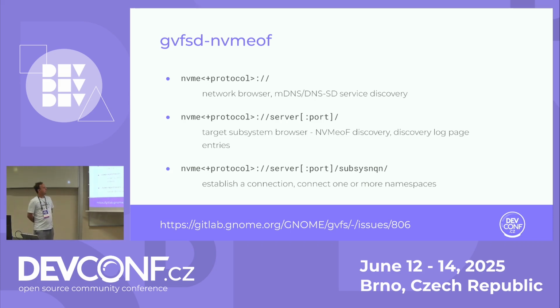And the next step, when you specify the subsystem NQN, the GVFS backend will initiate a connection. So it will appear as a namespace on your system, as a block device. And immediately, it gets scanned by udev for partitions. The existing GVFS udisks2 volume monitor will treat it as a local disk.